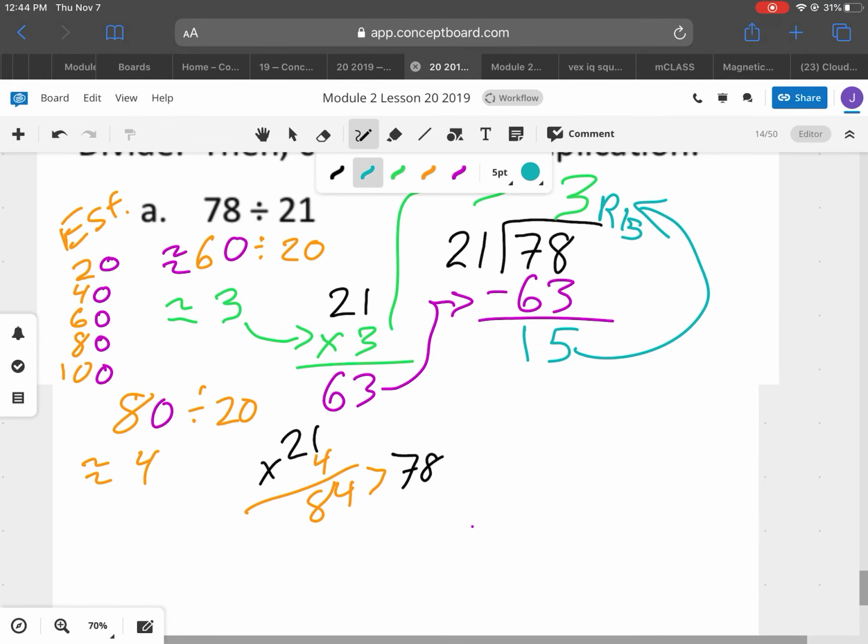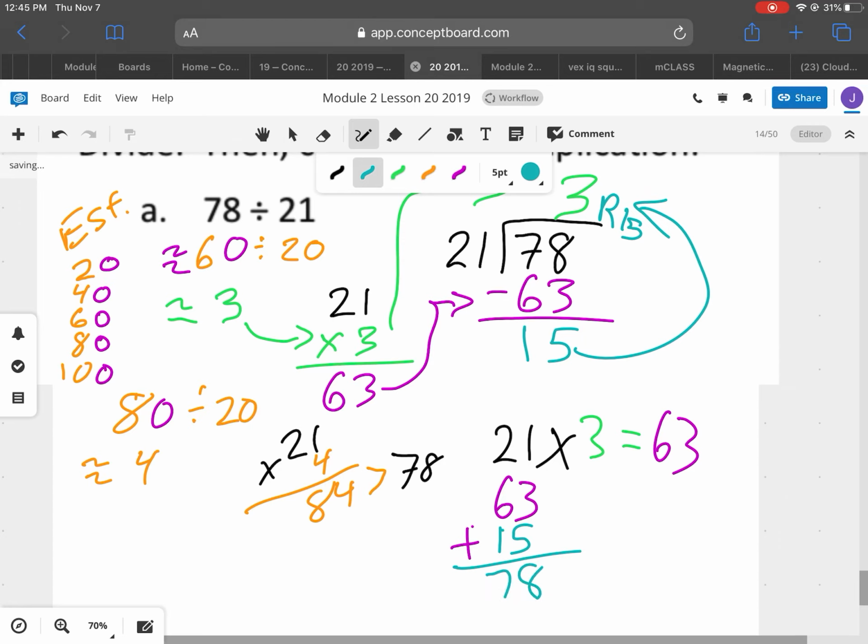So now we are going to check it by multiplying 21 times our quotient of 3, which we have already as 63, and 63 plus 15 gives me 78. So that's our dividend.